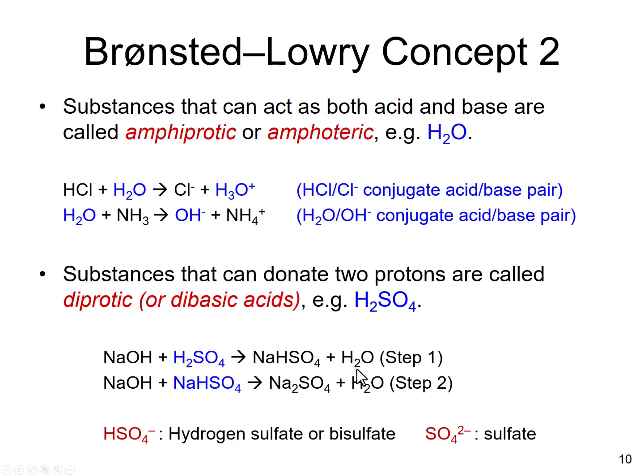So these are the 2 steps. Step 1, removal of the first proton, and step 2, removal of the second proton from the sulfuric acid. Now the HSO4- anion is called hydrogen sulfate or bisulfate, and the SO4 2- anion is called sulfate.